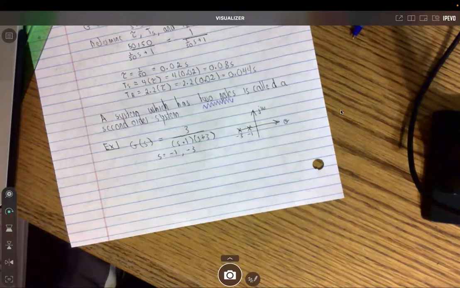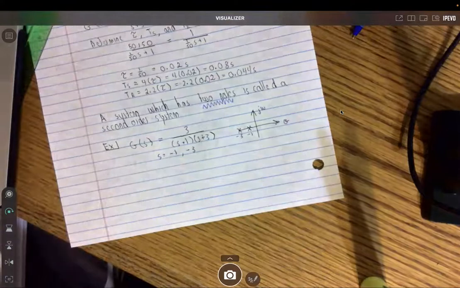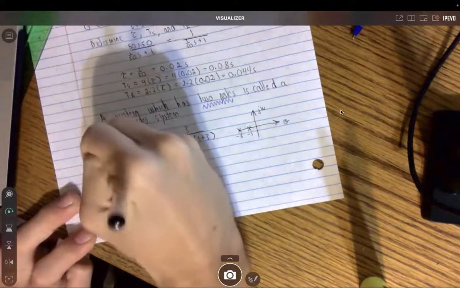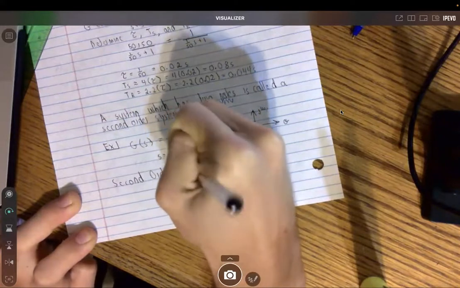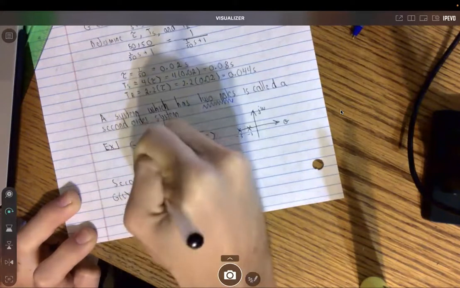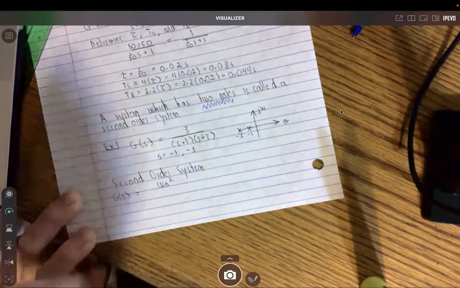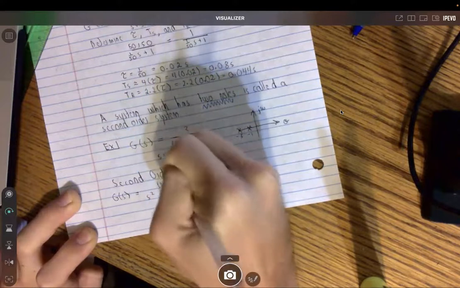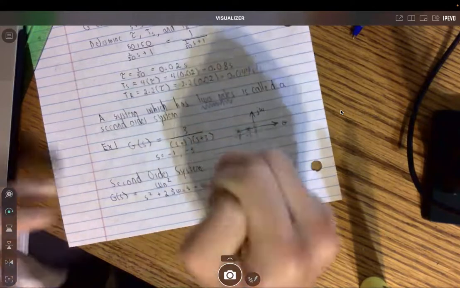Okay, so what's the general form of a second order system? Just like the first order system, we have to define a few of the basics. For a second order system, it's going to have the following equation. We're going to have G of S equal to omega n squared, the natural frequency squared, all over S squared plus 2 zeta omega n S plus omega n squared.